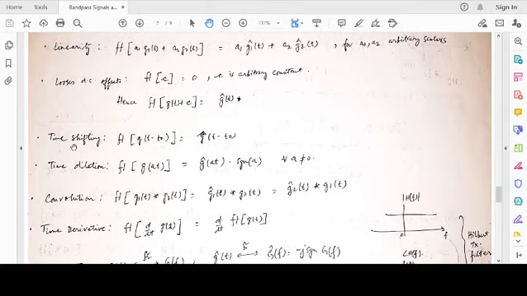Okay, the time shifting property. If I have a signal delayed by t naught, the Hilbert transform would be the Hilbert transform of the original signal delayed by t naught. Time dilation property. If I have a signal dilated by a in time, that is scaling in time, that's known as the dilation property.